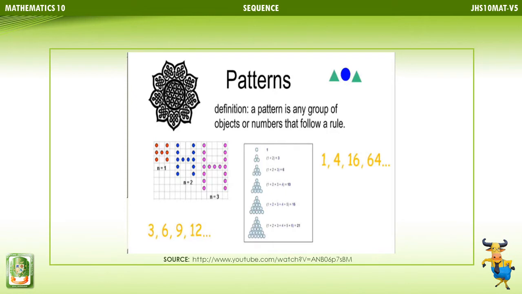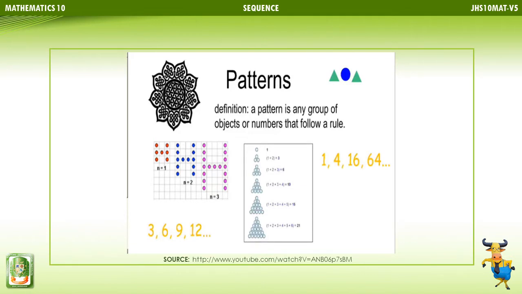So the pattern is growing. Or you see the pattern with the round circles that look like we're making bowling alley pins all set up. Or it could be making a pattern with numbers. Whatever we do, there's going to be a rule. So when I talk pattern, remember, I'm talking about finding a rule.